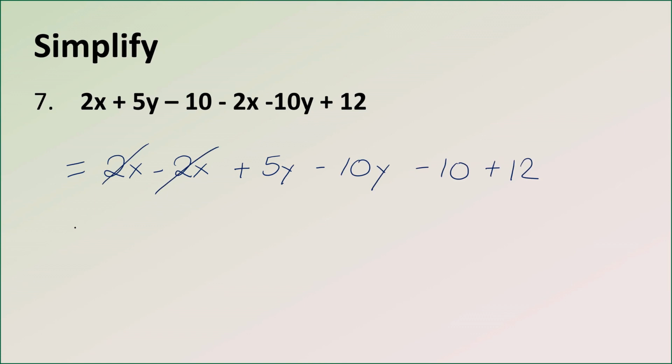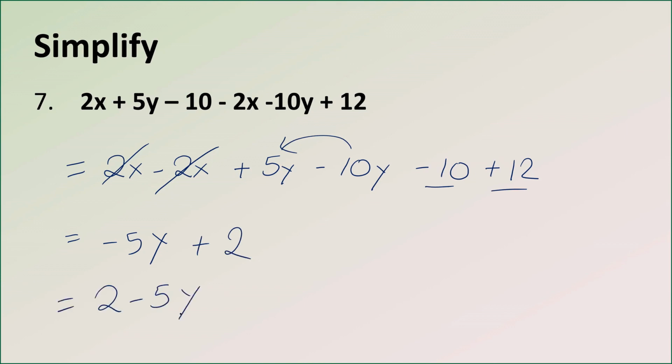The numbers are same. Y term, the negative 10 is bigger than the positive 5. So negative sign, 10 minus 5 is 5. And for these two numbers, it's 12 minus 10, which is 2. It's 2 minus 5y.